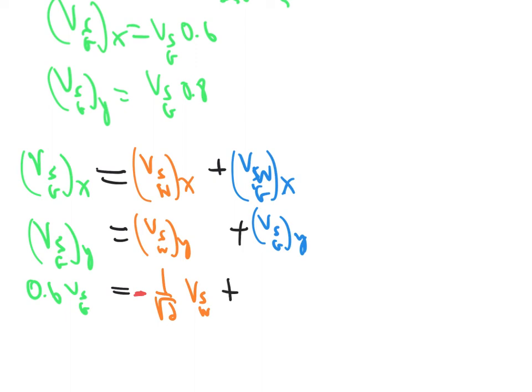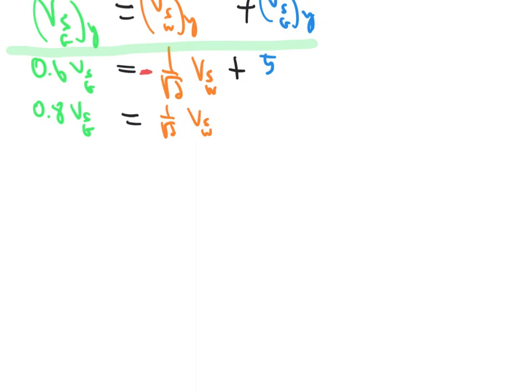And then we add in the speed of the river, which was just 5 kilometers an hour. I'm going to suppress the units just for ease of writing right here, but all our velocities will now be in kilometers per hour. And then likewise, 0.8 times the velocity of the swimmer with respect to the ground is just 1 over root 2 times the velocity of the swimmer with respect to the water. Just to separate these out.